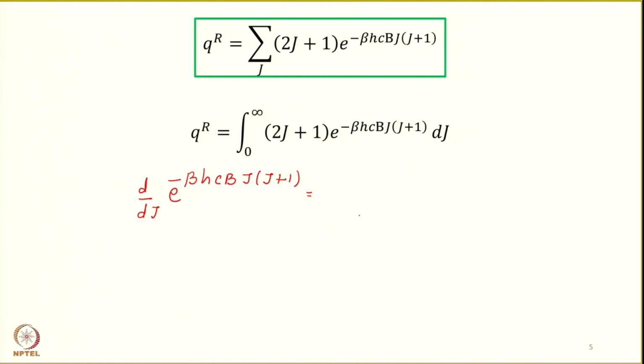Let us see what we get. This is going to be exponential minus beta hcB J into (J plus 1), into minus beta hcB times (J squared plus J, since J into (J plus 1) is J squared plus J), and that will be 2J plus 1.